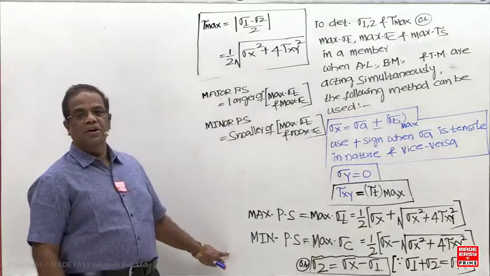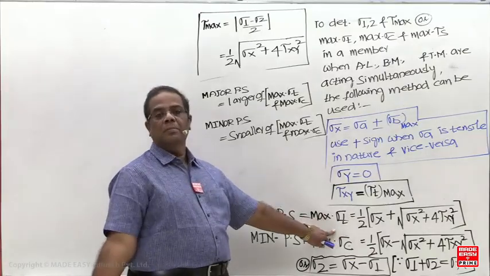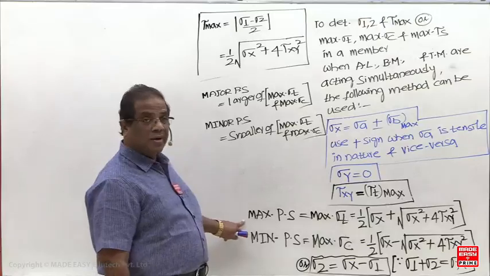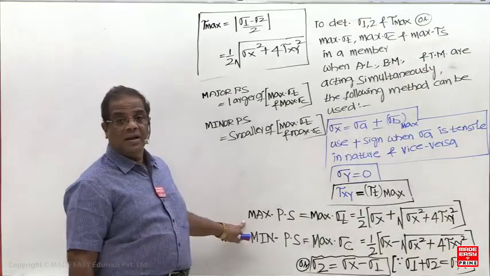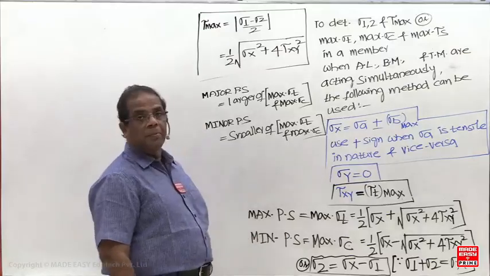Maximum and minimum you have to take mathematically. Mathematically, this is larger. So we cannot call it major and minor, but directly the maximum principal stress and the minimum principal stress.